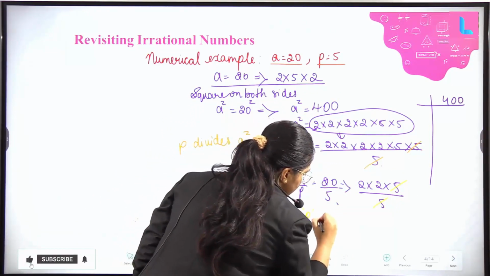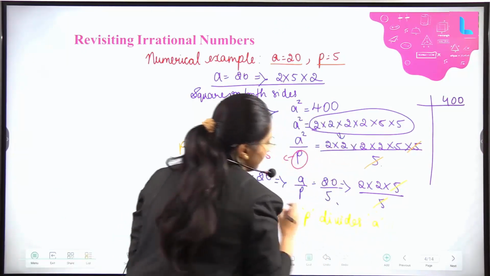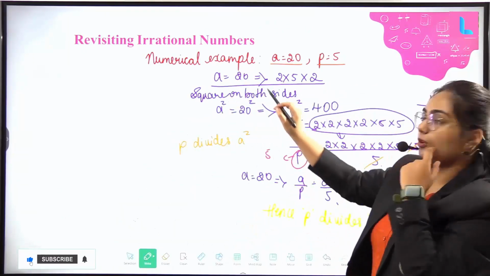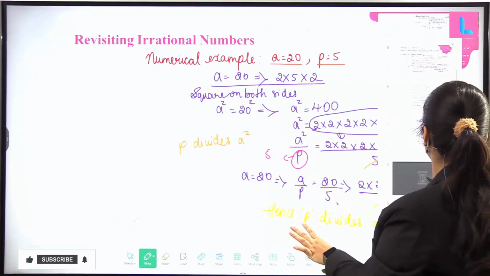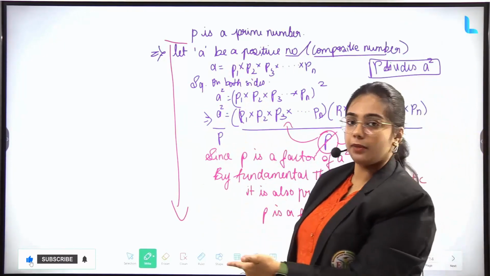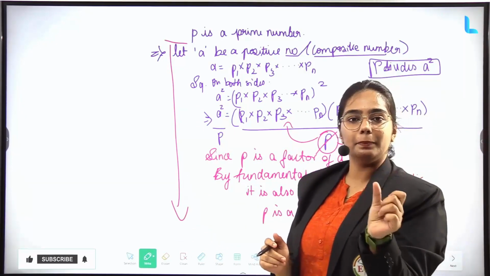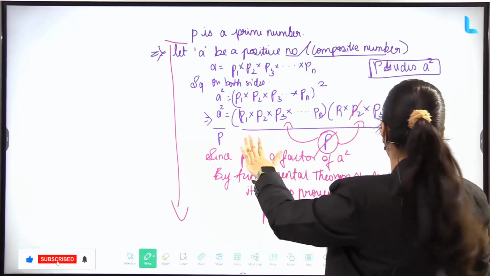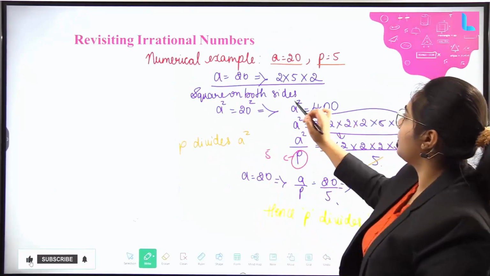Hence P divides A. See, this is how, using a numerical example, I have written whatever I wrote in statement form. I have used a single example, that is A as 20 and P as 5. Using this theorem, I have solved this example.